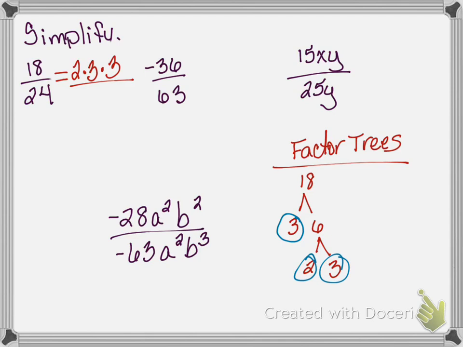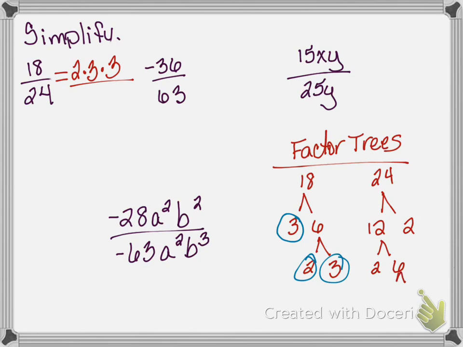Now what I want to do is the prime factorization of 24. It's Happy Monday. Okay, what does 24 break down to? Okay, 12 and 2. 12 breaks down to 2 and 6.